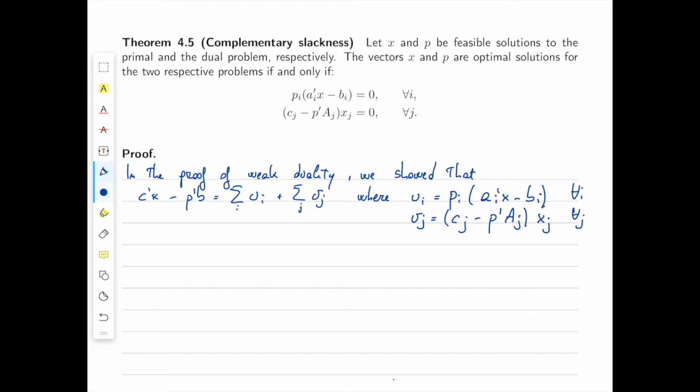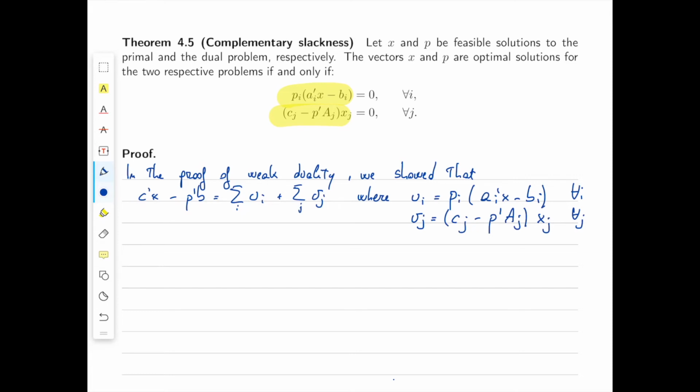So, surprise, surprise, the two products that we have in our complementary slackness conditions exactly coincide with our definitions of ui and vj in the proof of weak duality.